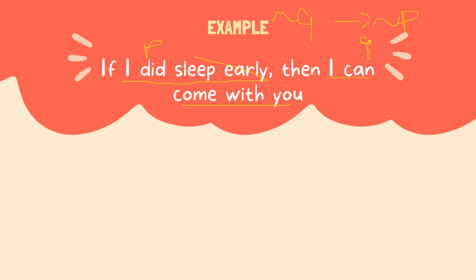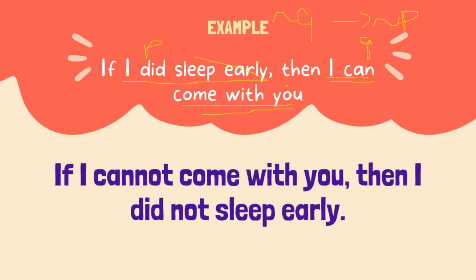Now, how do we write it? Not Q muna. I can come with you. So, ano ang kabaliktaran noon? Anong negation noon? I cannot come with you. If I cannot come with you, then, anong kabaliktaran ng P? I did sleep early. So, ibig sabihin, I did not sleep early.